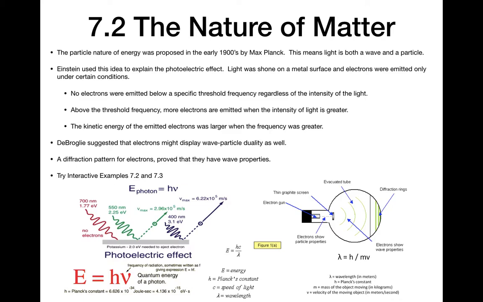Einstein also showed that the kinetic energy of the electrons being emitted is larger when the frequency is greater, because any leftover energy from getting out of the atom allows the electron to have more kinetic energy. An analogy for that would be, let's say your mom gives you $10 for lunch, and then when your mom washes your jeans, she finds $3 left in your pocket.